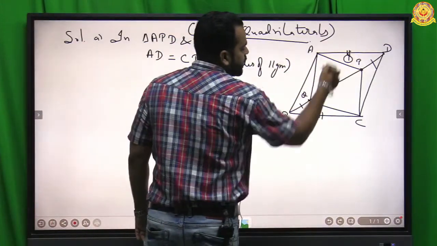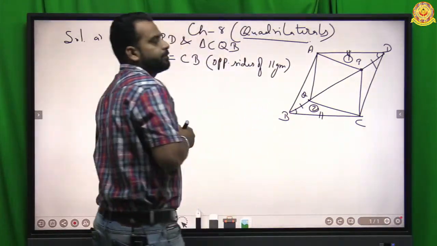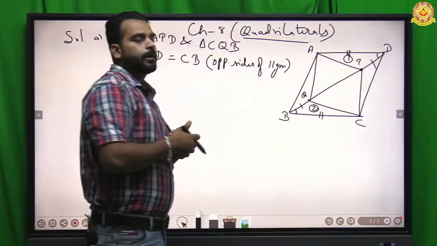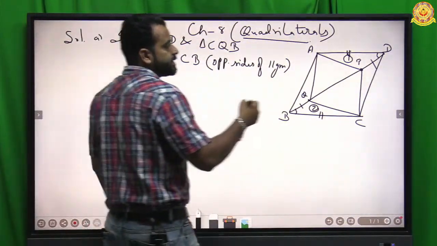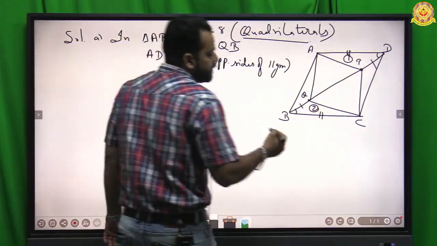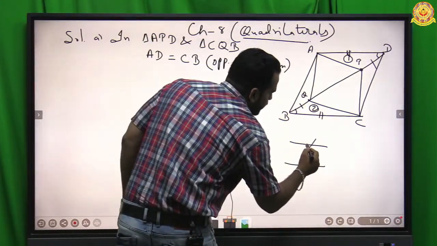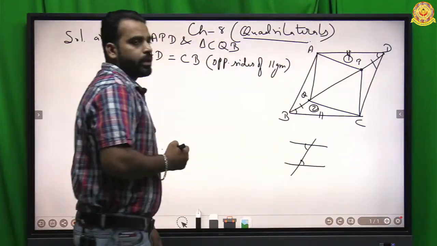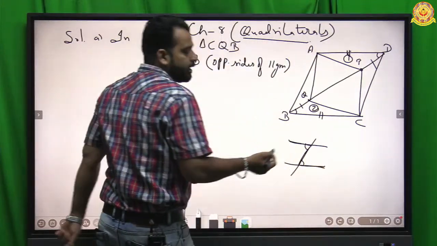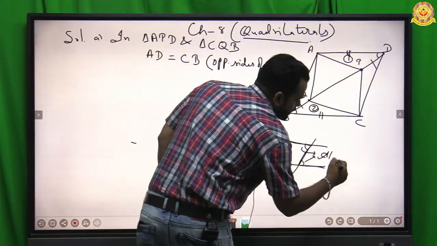So these sides are already equal. Now what can you say about this angle and this angle? Can we say that these two angles are equal? Yes, obviously. Why? Because BD is the diagonal, and if this is a transversal line, then these two angles are equal because they make a Z. If they are making a Z, these two angles are alternate interior angles.